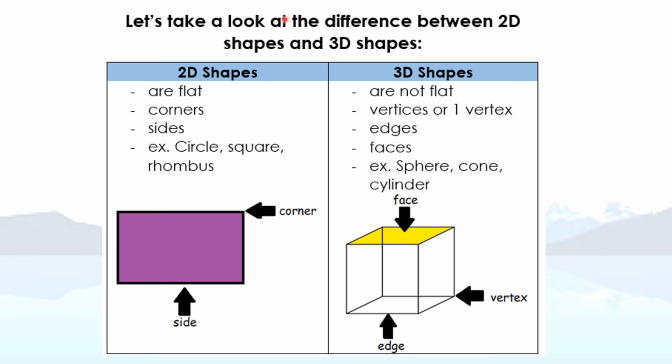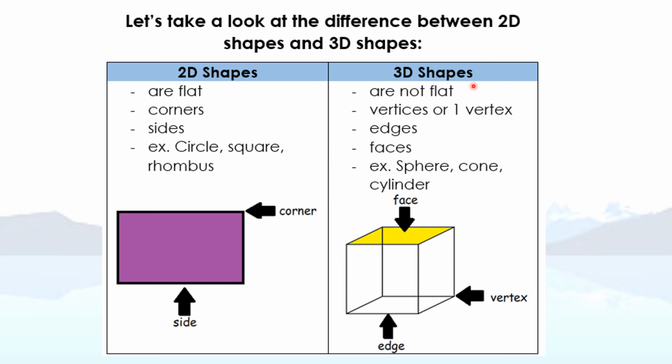So let's take a look at the difference between two-dimensional shapes and three-dimensional shapes. Under 2D, they are flat, and have corners and sides. Examples for this one: circle, square, rhombus, and others.